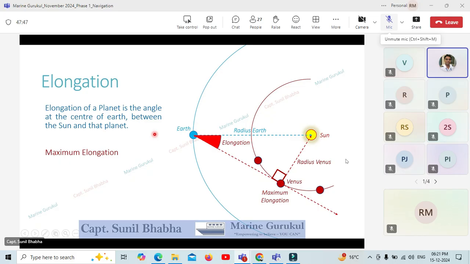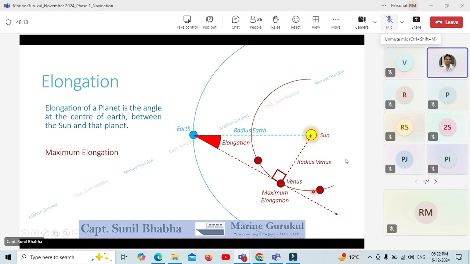For an exterior planet like Mars, it can reach its maximum elongation, that is 180 degrees, when it is in opposition to the Sun. But for an inferior planet like Mercury or Venus, the maximum elongation will be less than 90 degrees, and it will depend upon the radius of that particular planet and the radius of the Earth.